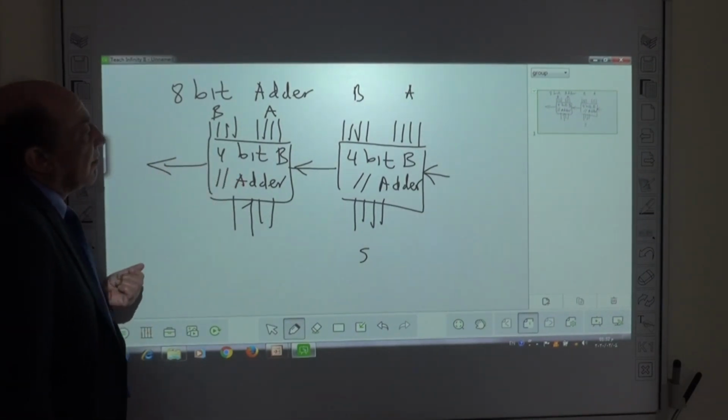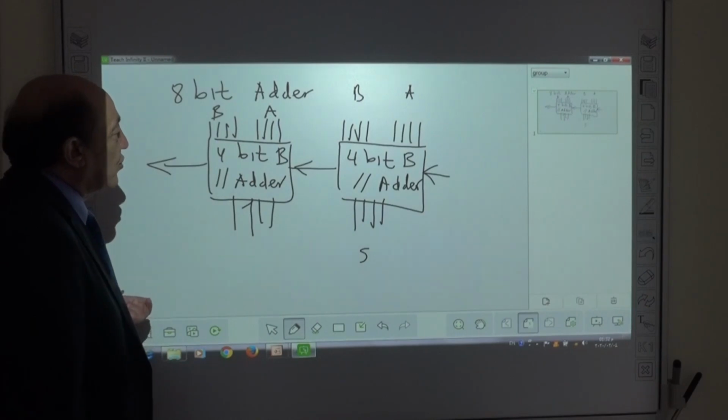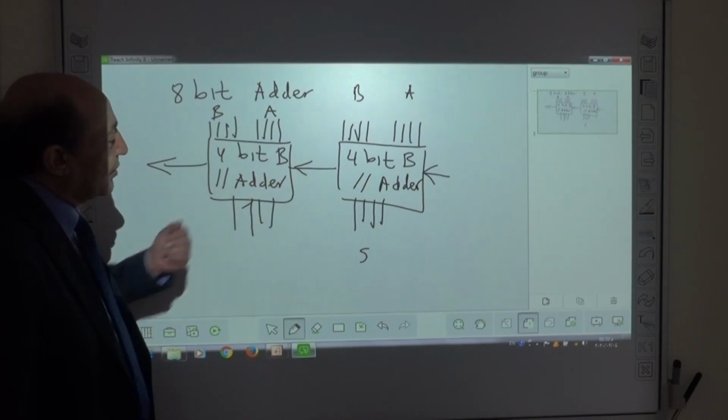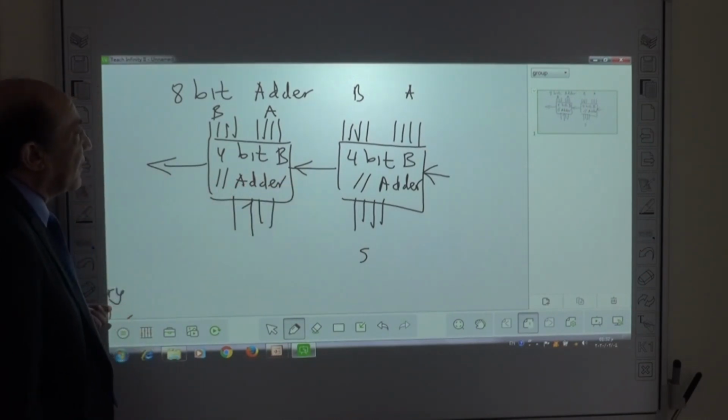So here we use two 4-bit binary parallel adders to sum an 8-bit number with another 8-bit number, and we obtain an 8-bit binary parallel adder.